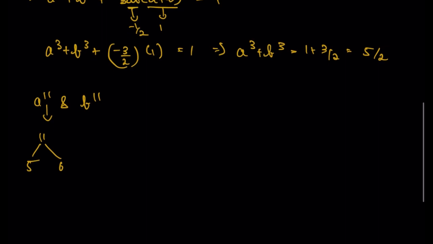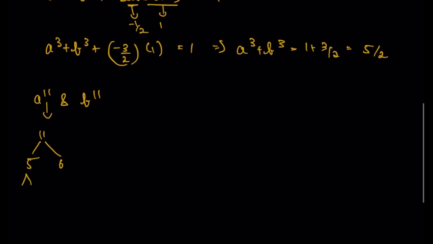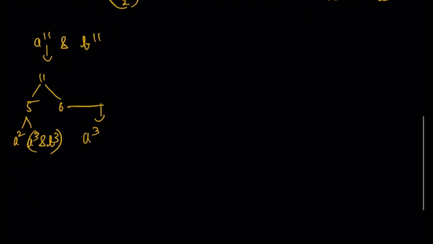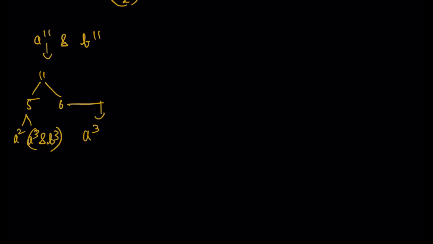For bringing 5, we will be multiplying a square terms and a cube terms, and it also includes b square and b cube terms. For bringing the 6, we could cube a square plus b square, or instead we could square a cube plus b cube.